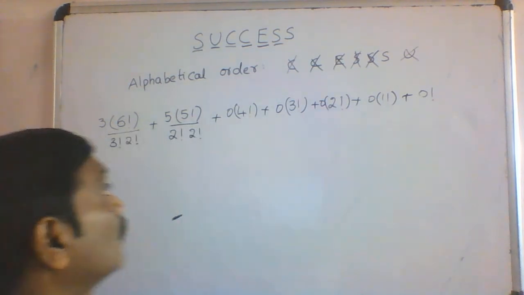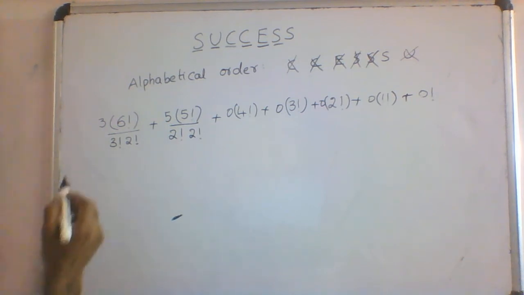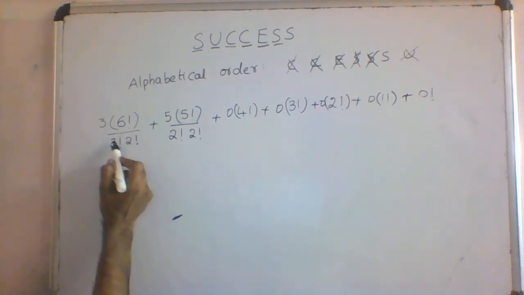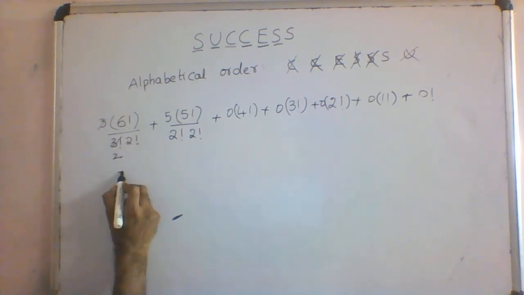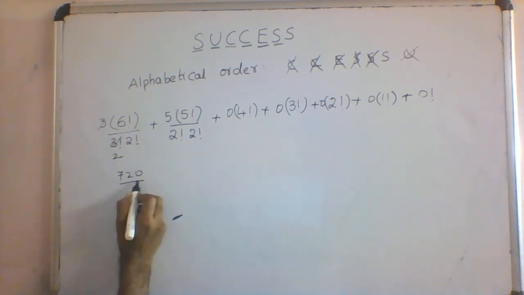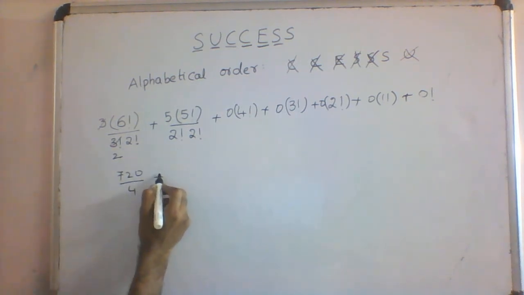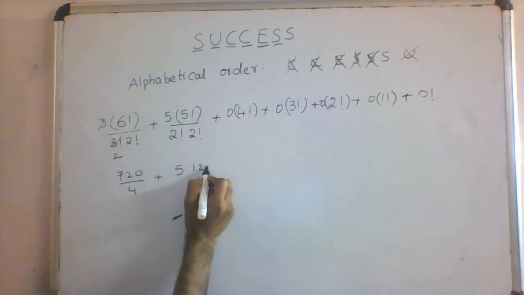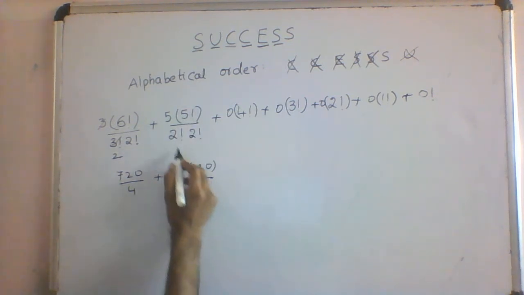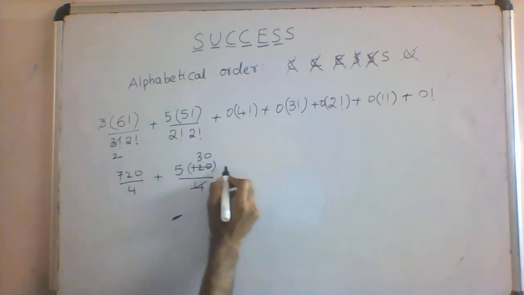Now, let us simplify this. This is 6. So we can cancel this 3 and 2 times. 6 factorial is 720 by 2 into 2 is 4, plus here 5 into 5 factorial is 120 upon 2 into 2 is 4. We can cancel this, 30 times.